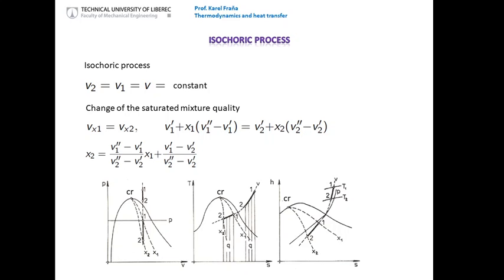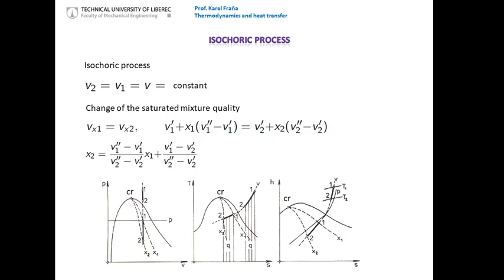If you would like to calculate the isochoric process, that means how you can influence this quality of the vapor, you can use the formulation which is here. We suppose the change of the volume is zero. That means the specific volume for points 1 and 2 is the same.